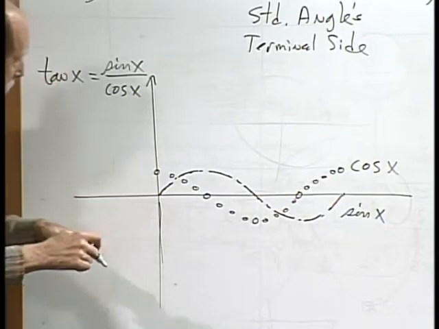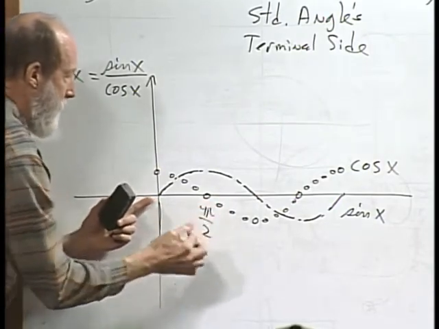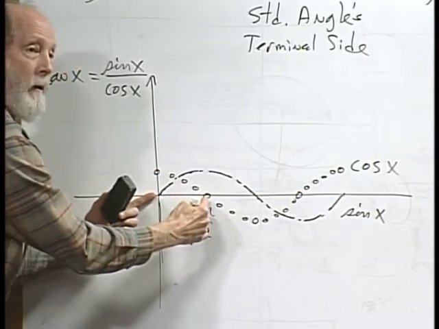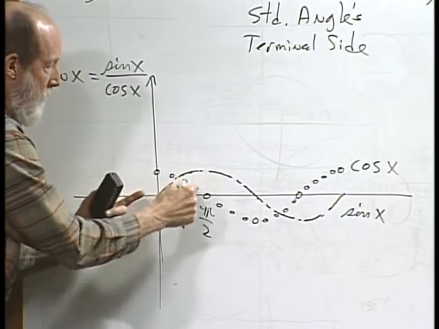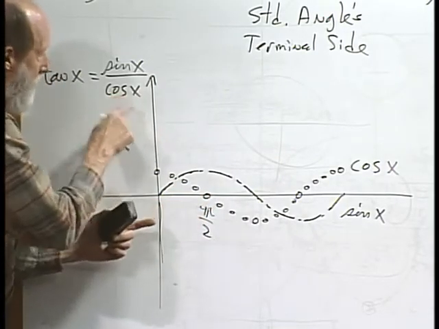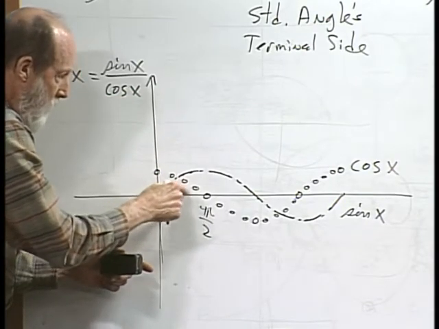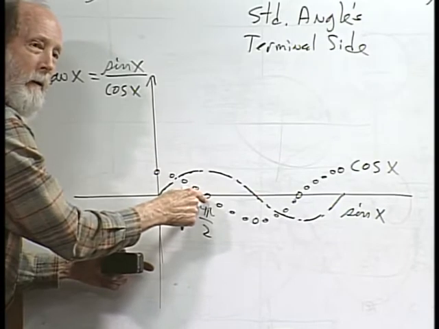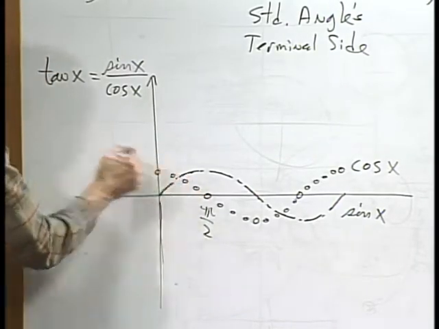So look what's happening if we are between 0 and pi over 2 in this first region right here. Notice we're taking sine values which are growing towards 1, and we're dividing those by cosine readings which are dropping off towards 0. Look what happens if I want to spot check.